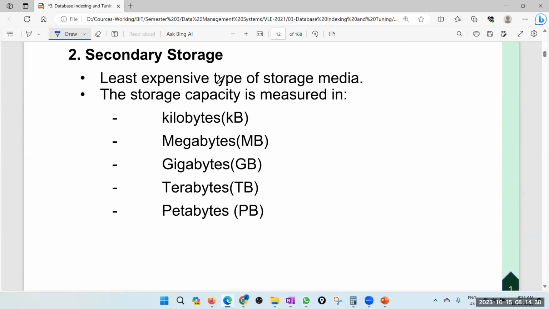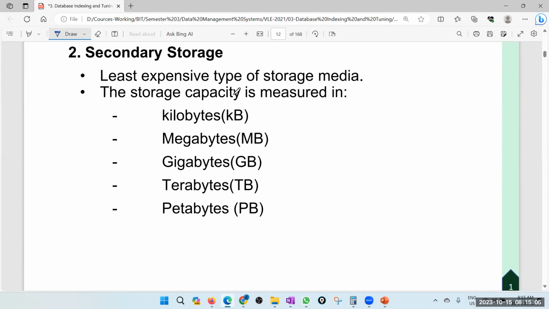As I told you, we measure registers in kilobytes, RAM in gigabytes, and of course, hard disk in terabytes and so on. You must know that 1024 bytes is a kilobyte, 1024 kilobytes is a megabyte, 1024 megabytes is a gigabyte, 1024 gigabytes is a terabyte, because we have to do some calculations later on.